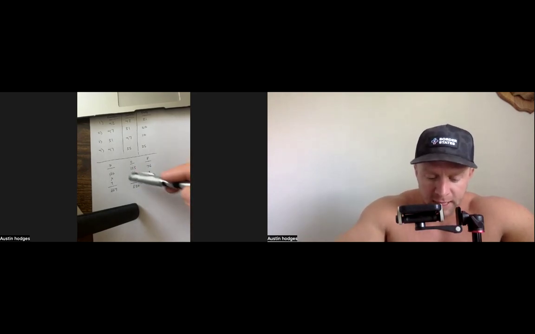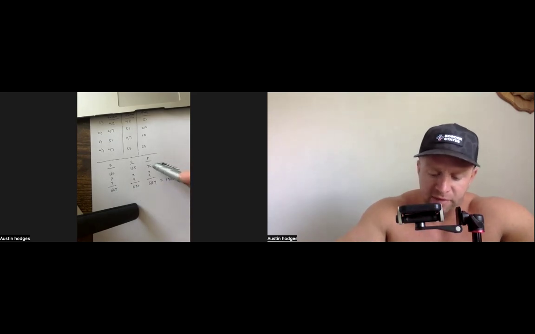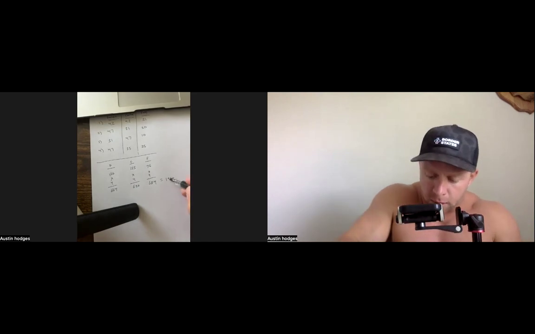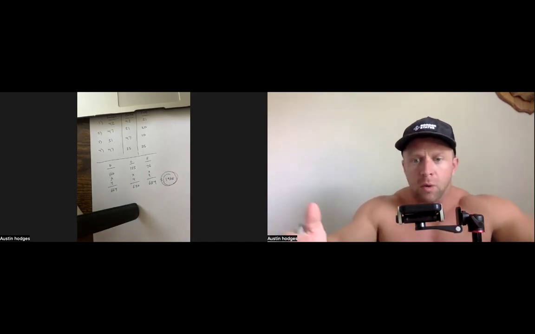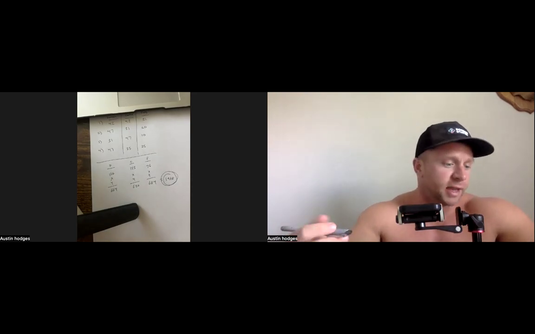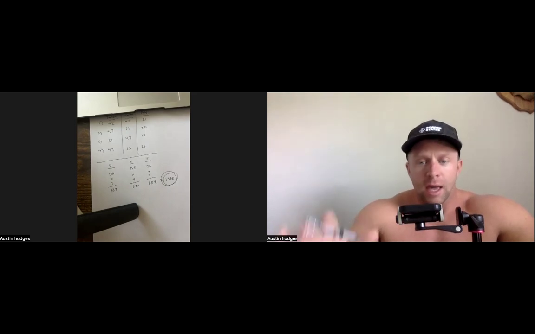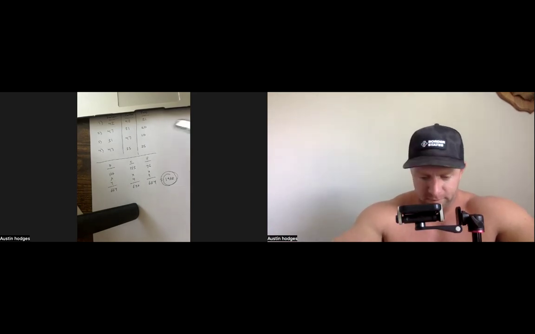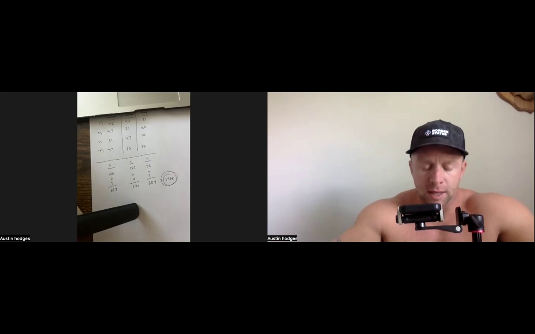You multiply the protein and the carbs both by four, and you multiply your fat by nine, and it comes out to about 2,000-ish calories. It's never going to be spot on. You have to take into account things like fiber and sugar, but to a degree it'll be roughly 2,000 calories. If you're at 1968, that's pretty doggone close. 32 calories off is close.